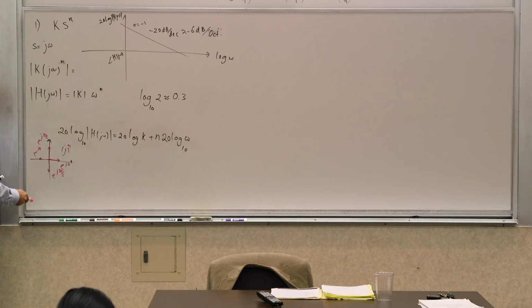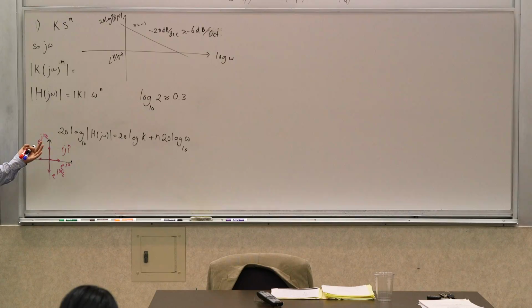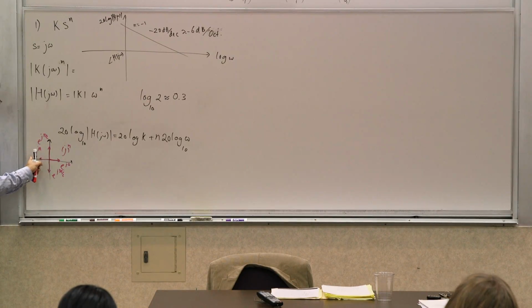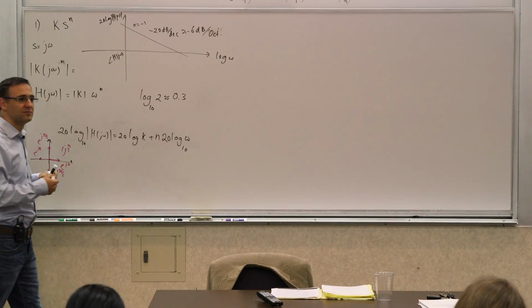This, or that? Which one is n equals 3? The one looking down. Yes, exactly. I see you pointing downward. So that's good. You get 3 pi over 2, or negative 90, or 270 degrees, right? So if n is negative 2, what is the phase? This way, which in degrees would be negative 180 or 180?